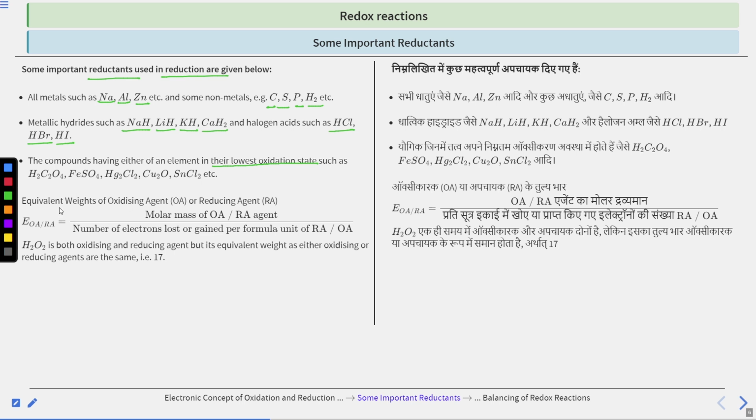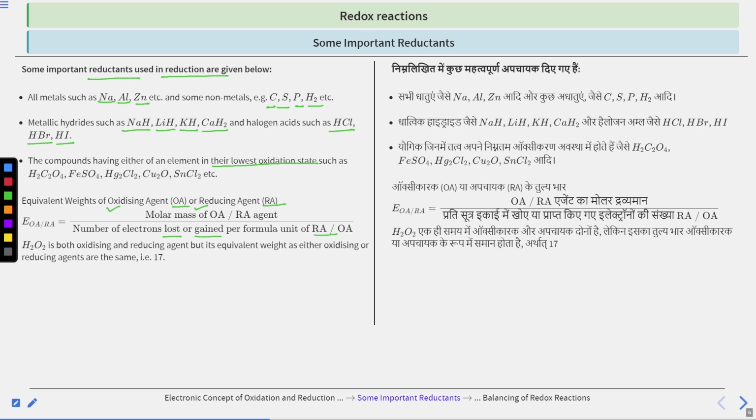Okay, so the equivalent weight of an oxidizing agent or reducing agent. How can we find out the equivalent weight of an oxidizing agent, represented by O in the formula, and a reducing agent, represented by R? The equivalent weight of the oxidizing or reducing agent equals the molar mass of that agent divided by the number of electrons lost or gained per formula unit.